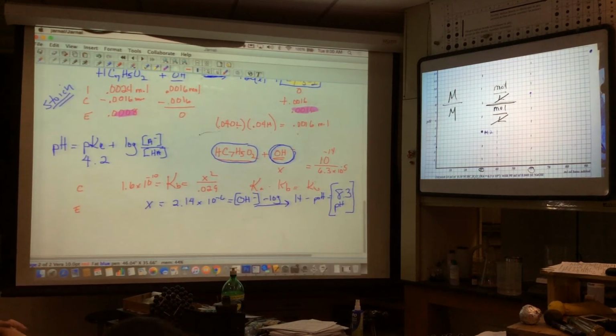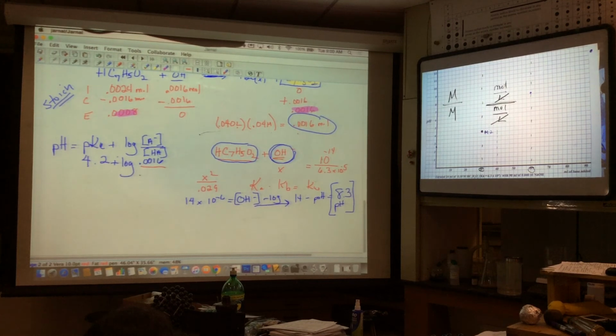So what is the log of A minus over HA? Let's do the moles. It's going to be 4.2 plus the log of 0.0016 over the moles of the acid, 0.0008.